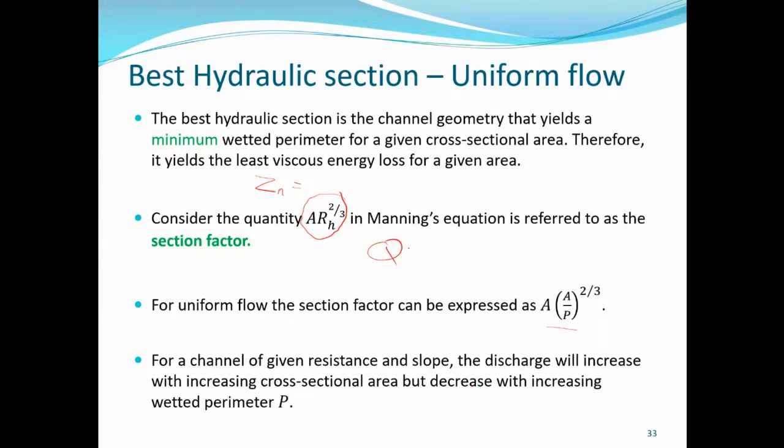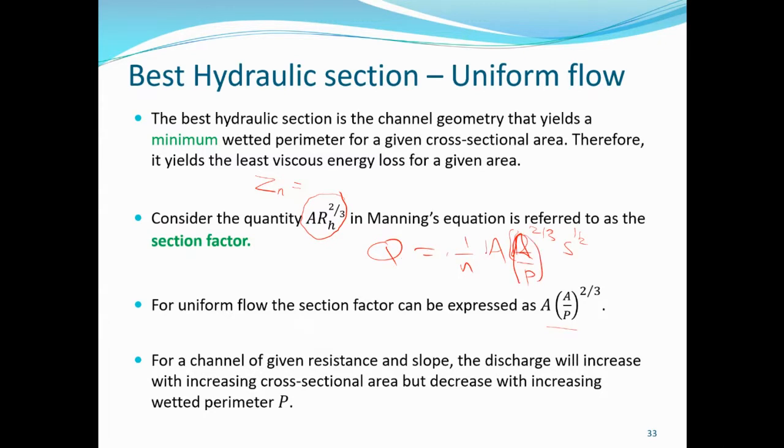When you look at the Manning's formula, it is 1 over n A R to the power of 2 over 3 S to the power of half. And don't forget, R is A over P.